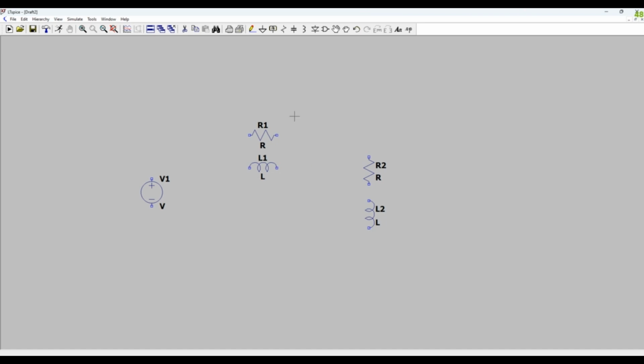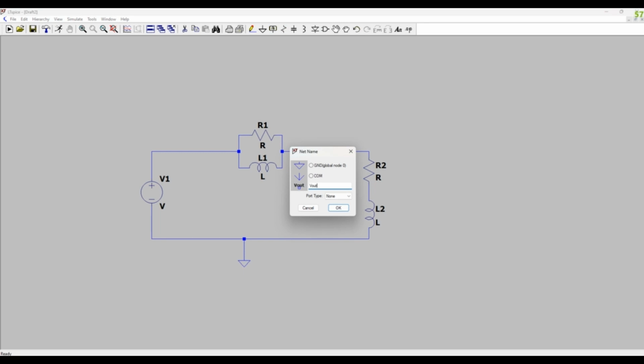This we need to connect in parallel. And for this one, we need to connect it in series. Then we need the ground and V output.